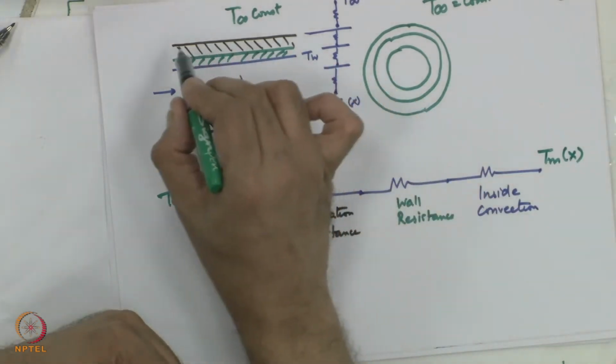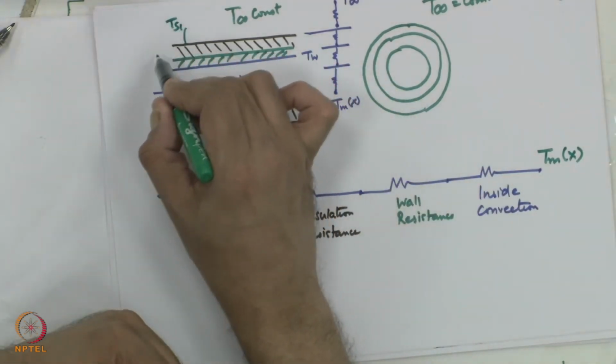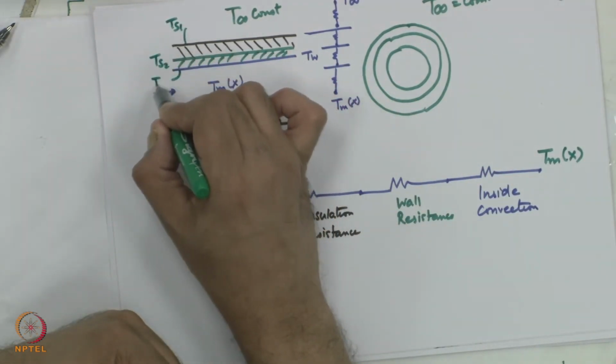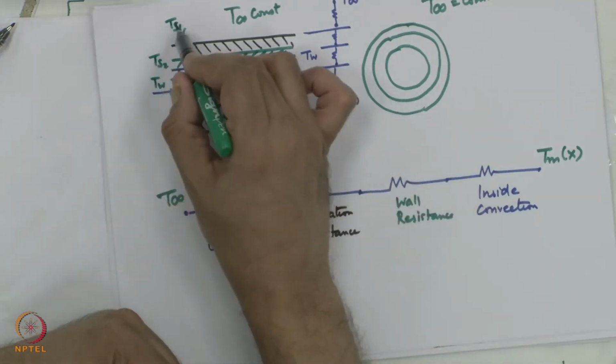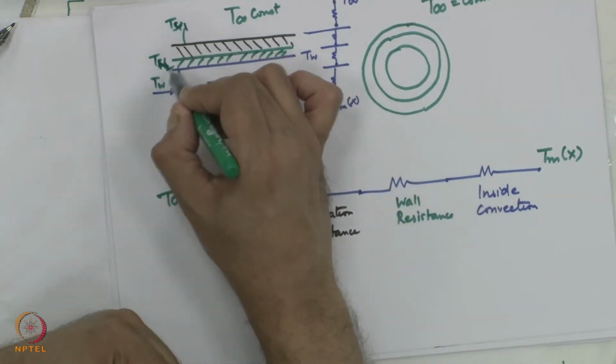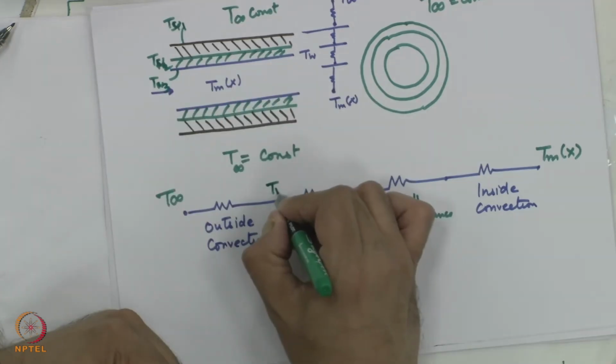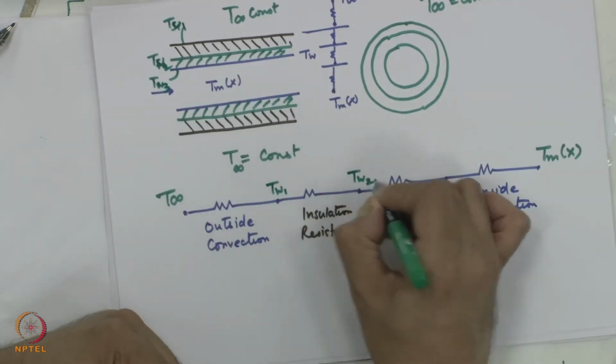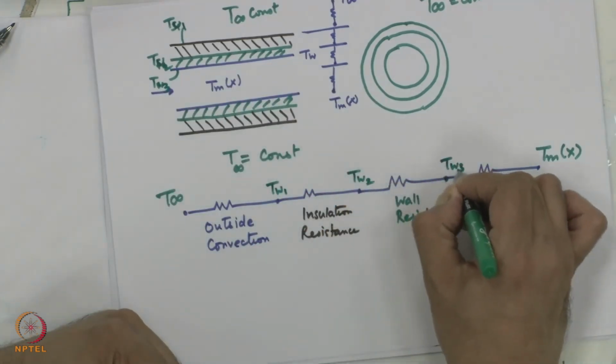So, let us call this T S 1, T S 2, T wall, or T W 1, T W 2, T W 3. So, T W 1, T W 2, T W 3.